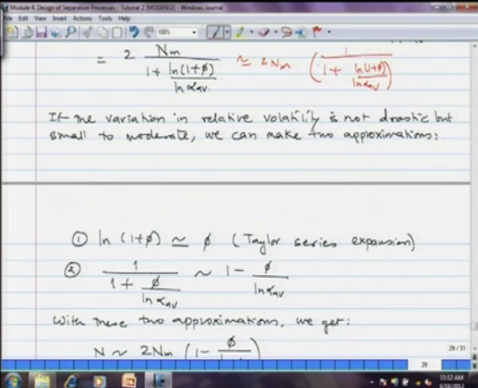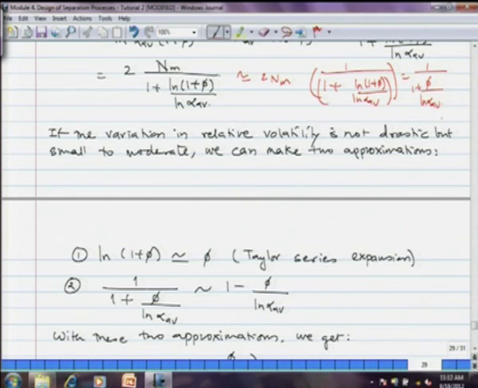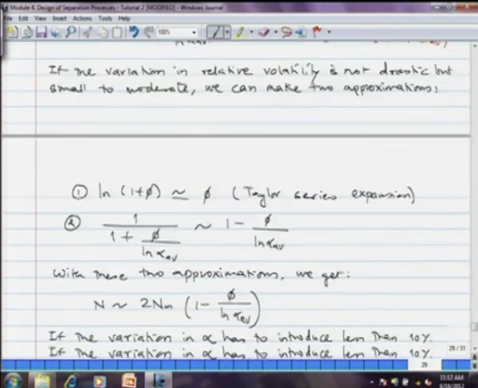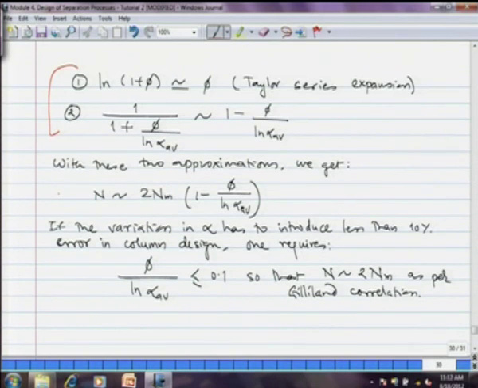Now, we have already approximated ln 1 plus phi as phi. The denominator of this expression can be expanded in terms of Taylor series again as 1 minus phi divided by ln alpha AV. So, with these two approximations, the total number of actual theoretical plates is equal to 2 times the minimum number of plates into 1 minus phi divided by ln alpha AV.